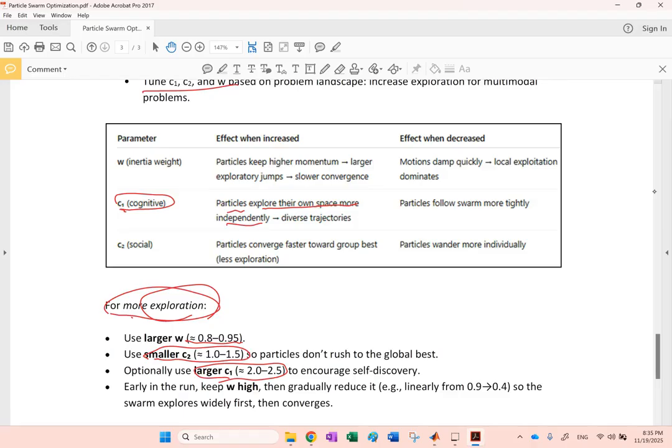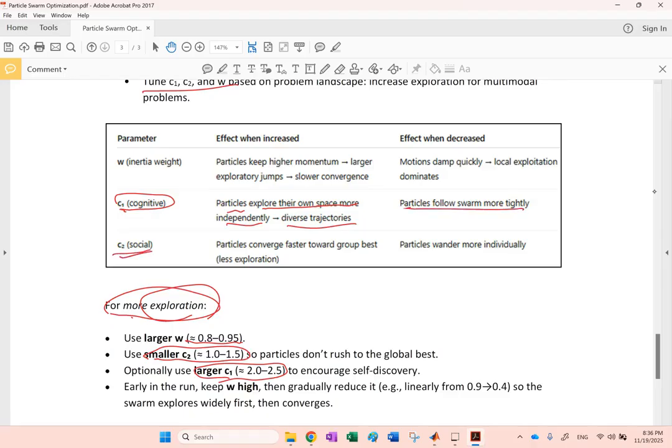Maybe they have a much smaller number than the current global best, and each one of them searches its own area before going toward the best of the swarm, okay? So that is really good. If you set it bigger, you have a better chance of exploration. Now, if you make it very big, you might get divergence or diverse trajectories, okay? And if you make it smaller, of course, they all try to get toward their global best.